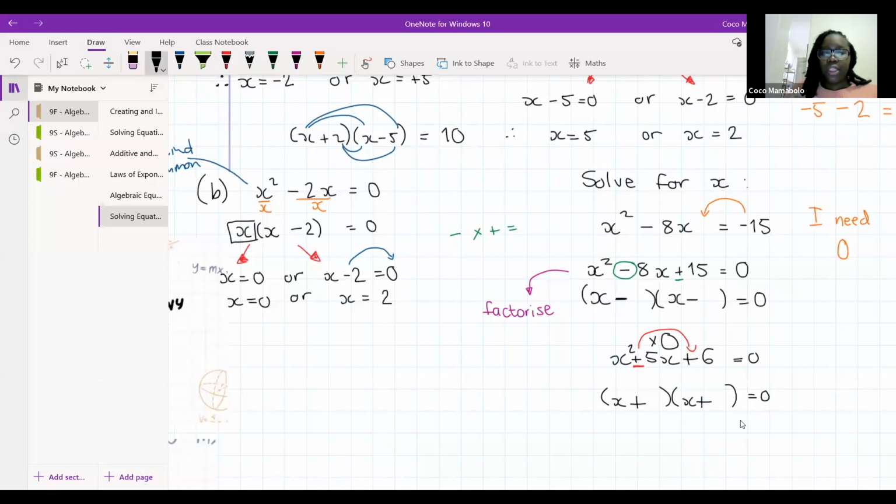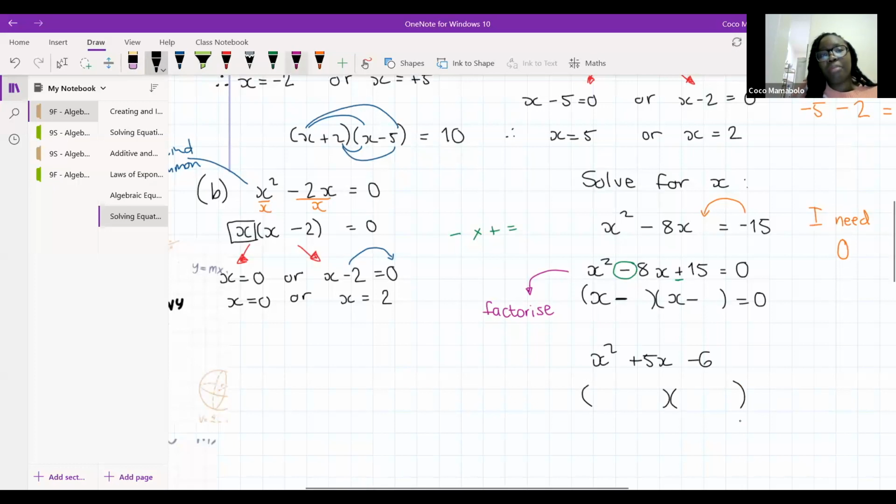All right, here's one more. If I have x squared plus 5x minus 6, I'm going to open 2 brackets. I know that one of my signs is a positive, so I'm going to put a positive here. Now, a positive times a what will give me a negative?